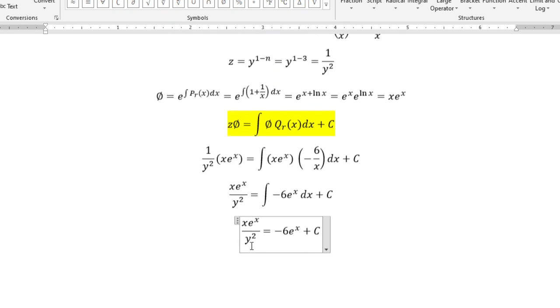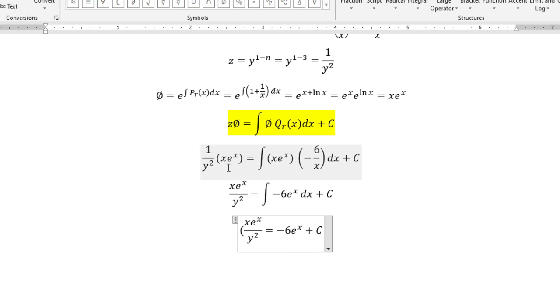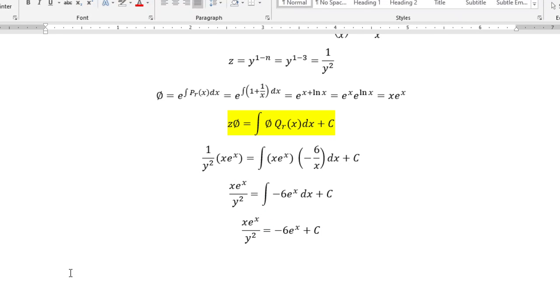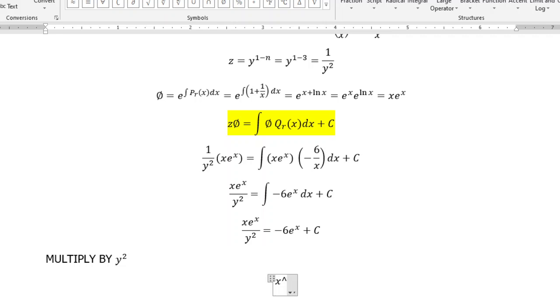And then, we will just multiply the full equation by y squared para maging x e raised to x is equal to negative 6 e raised to x y squared plus c y squared.